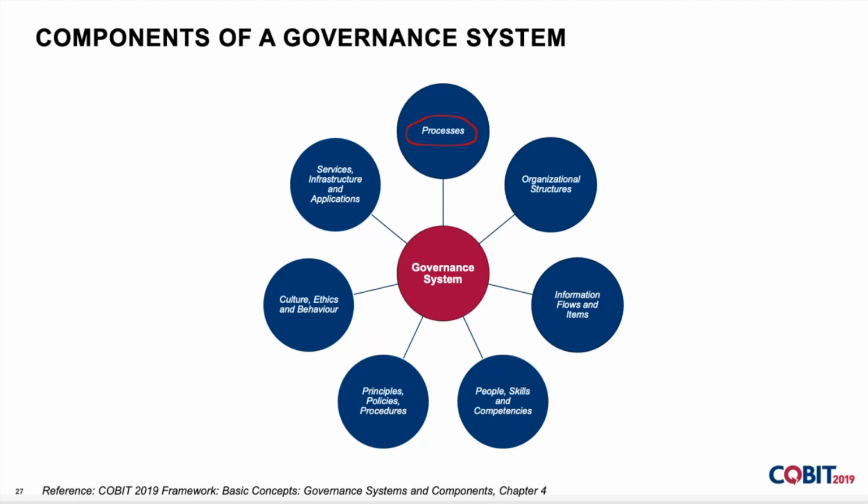So processes are an integral part of that, but not the only part, because, as I just mentioned with manage projects, you also would like to know that you have the right tools and technology to measure whether your projects are on track. You also want to make sure that you have people who are skilled and knowledgeable in project management, so they know exactly what they need to do. You need to have the right kind of certifications.